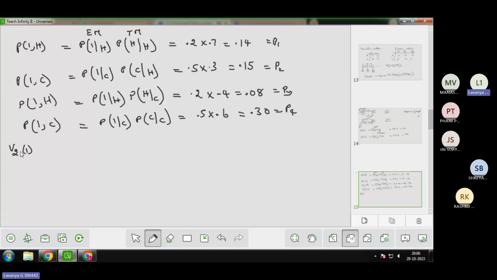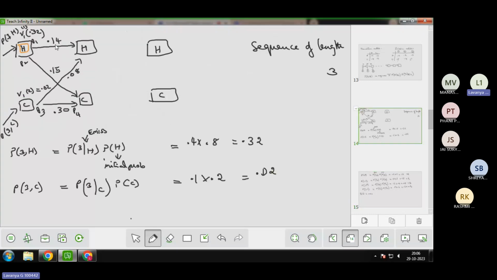Our V2 of 1 will be argmax, so it is the maximum of 0.14 into 0.32. That is, I have to come here. I have to take this and multiply with V1. So 0.14 into 0.32. And the other one will be from V1 of 2, 0.02 into 0.08.